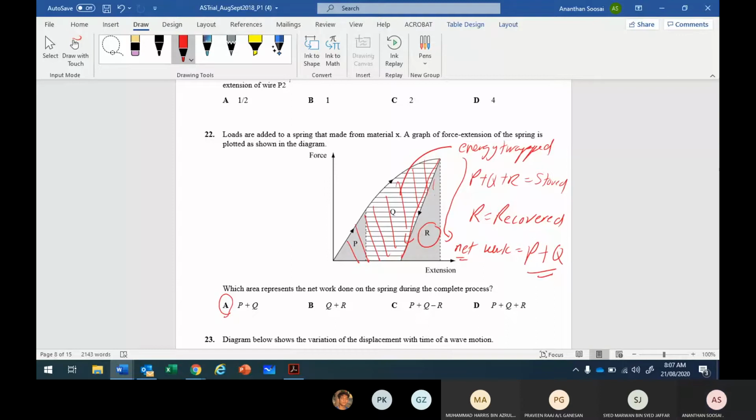So energy trapped is the same as net work done, the difference between the start and the recovery. Can you understand? Yes. Okay, any other question?